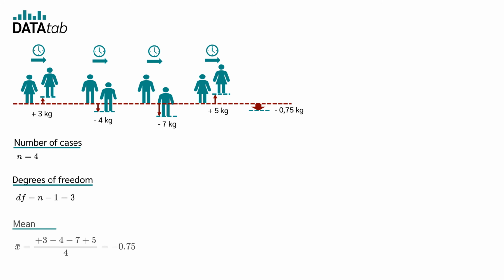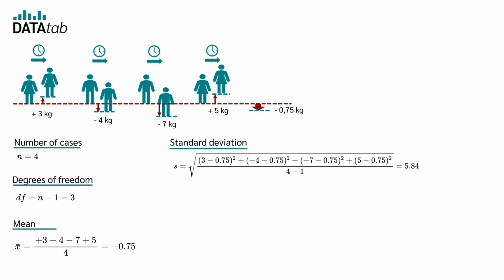We calculate the mean of the data simply by adding up all the values and dividing them by the number of cases. This leads us to the mean value of minus 0.75 kilos. Next thing we need is the standard deviation. For this data we get a standard deviation of 5.84.